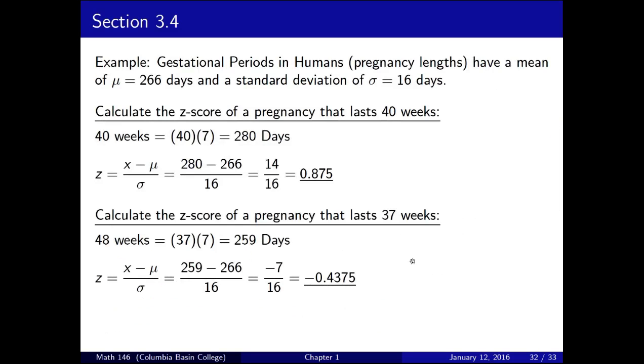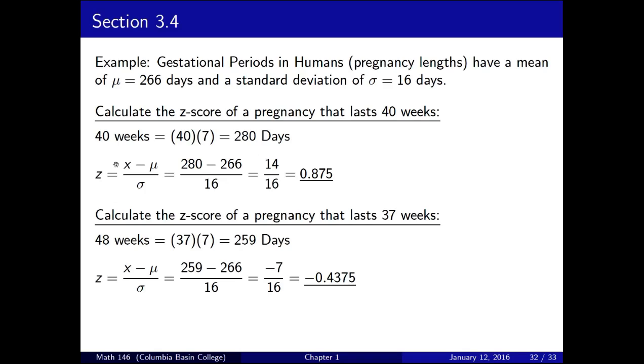So let's take a look here. In this example, gestational periods in humans have a mean of 266 days and a standard deviation of 16 days. I might be interested in, what if you have a pregnancy that lasts 40 weeks? What would be the z-score for that? Well, first, we'd have to convert 40 weeks into days. So 40 weeks is 280 days.